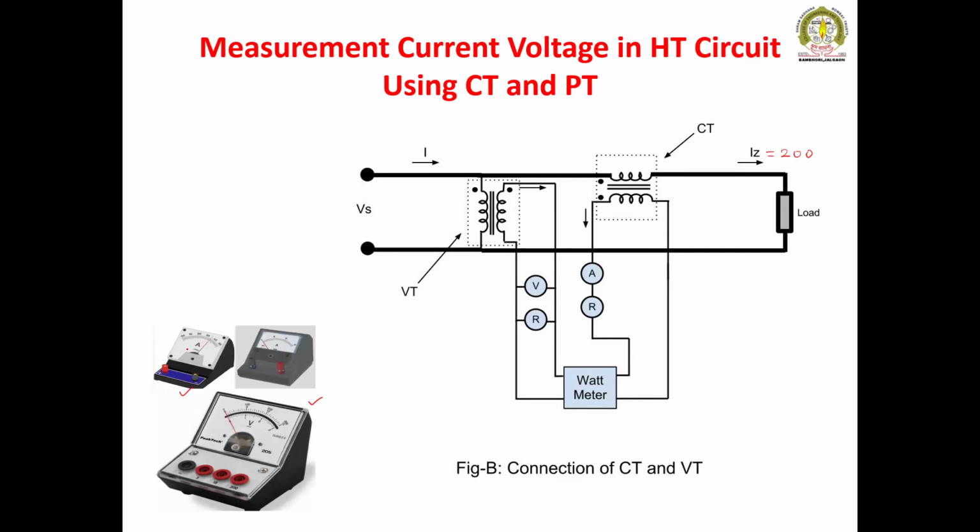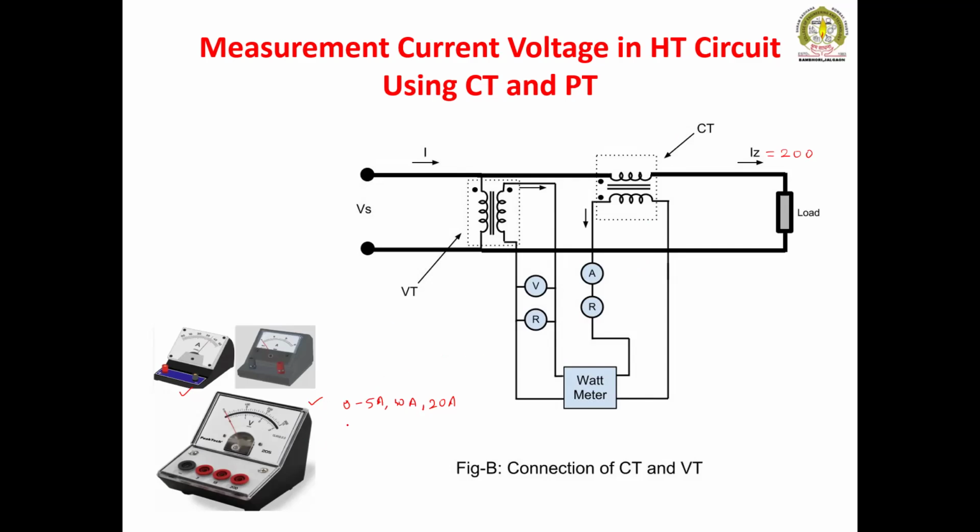Generally, the ammeter we use in the lab is in the range of 0 to 5 ampere, maybe 10 ampere or 20 ampere maximum. If you want to measure a current more than 20 ampere, we have to use an arrangement known as extension of range, and extension of range for current is done with the help of a current transformer.